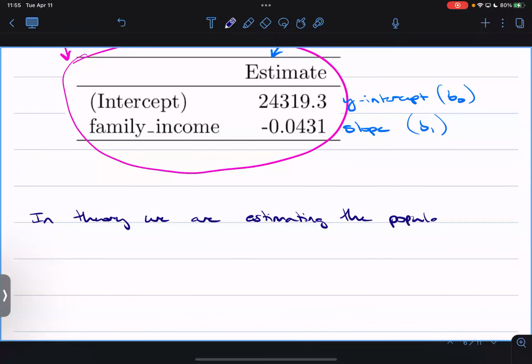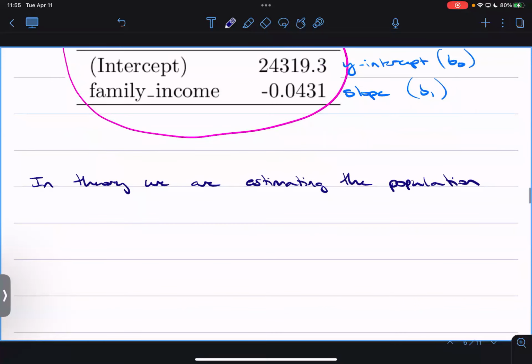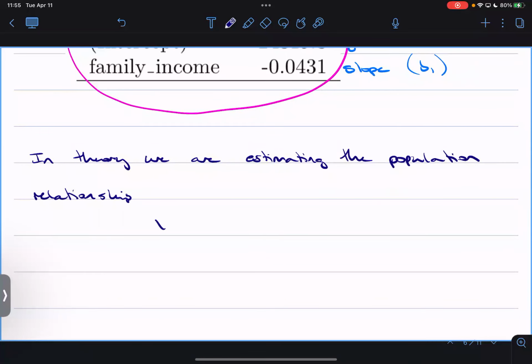The population relationship, which would be y is beta naught plus beta 1 times x. Okay, and usually we use capitals here.